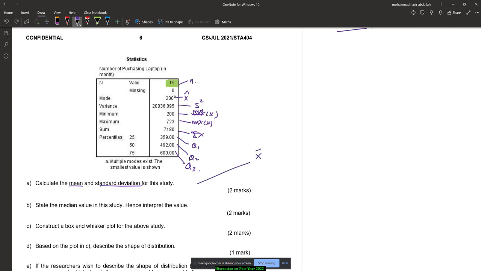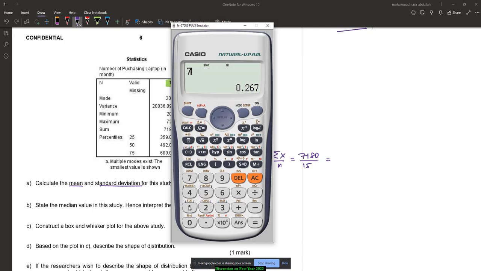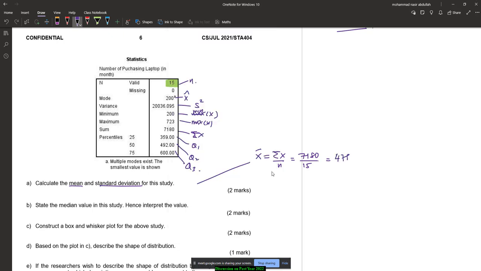So mean is equal to summation of x divided by n. So this is going to be 7180 divided by 15, which is 478.67. Right? And standard deviation is equal to square root of variance.